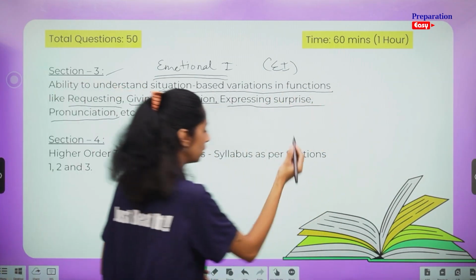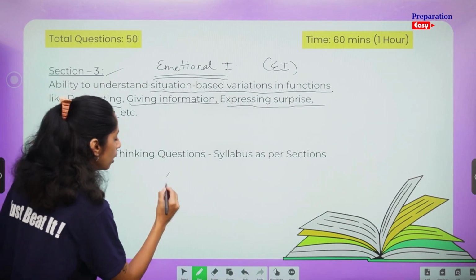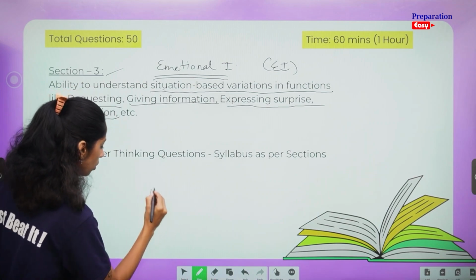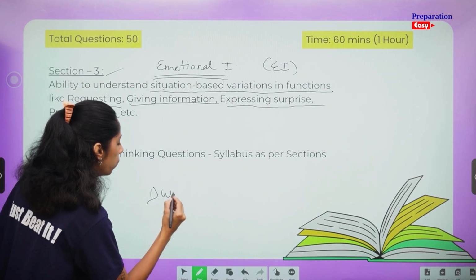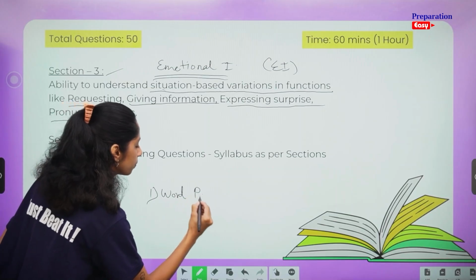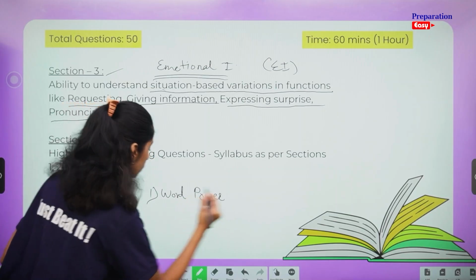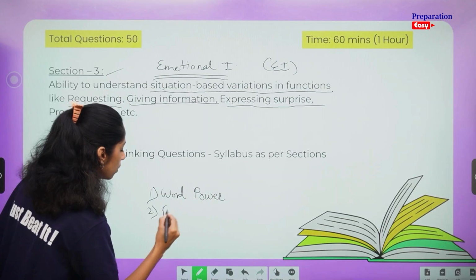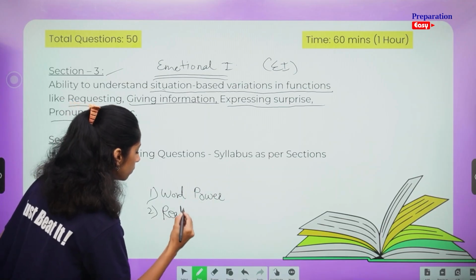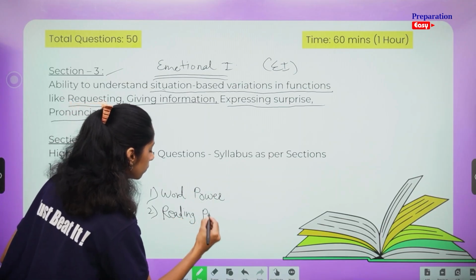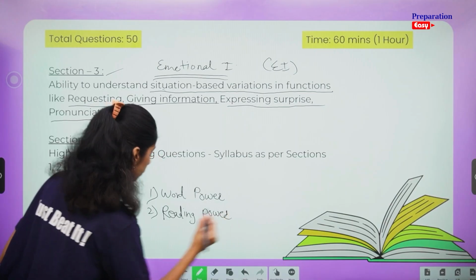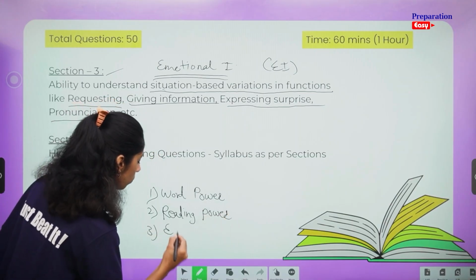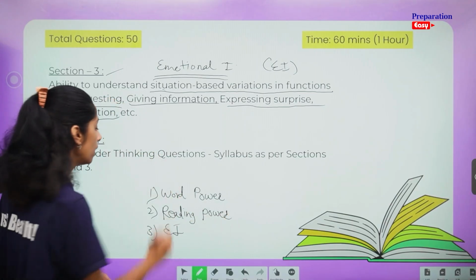Here I am writing: the first was word power, the second was reading power, the third was emotional intelligence.